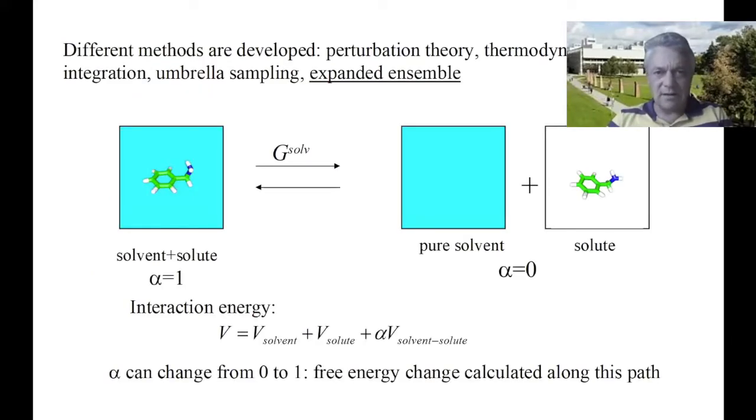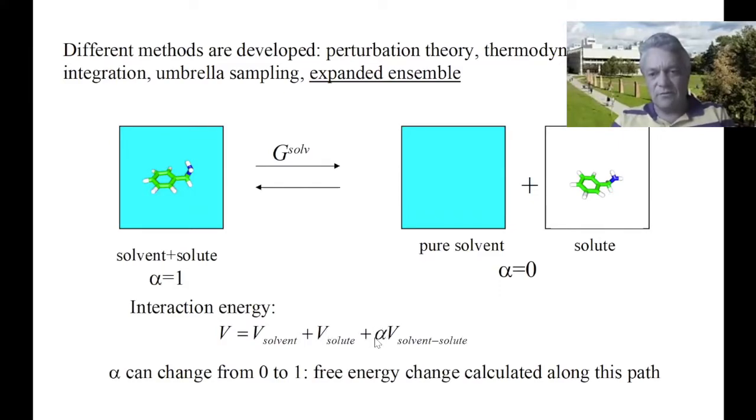The typical setup of this simulation is that if you consider a molecule in a liquid phase, then we decouple the interaction of this molecule with the molecules of the liquid phase. We describe the total interaction energy as a sum of the potential energy of the solvent, of the solute, and the interaction energy between solvent and solute.